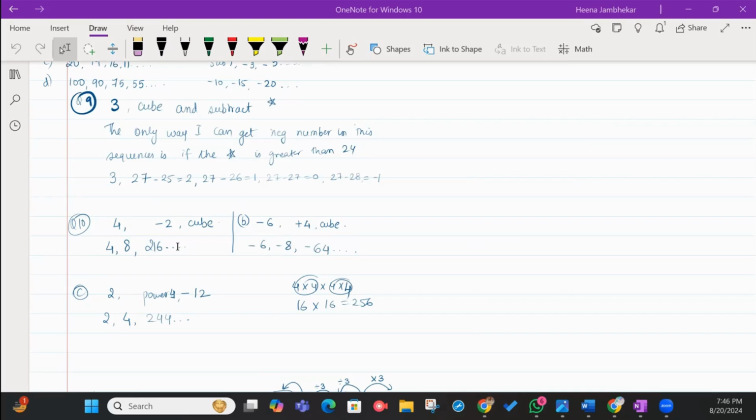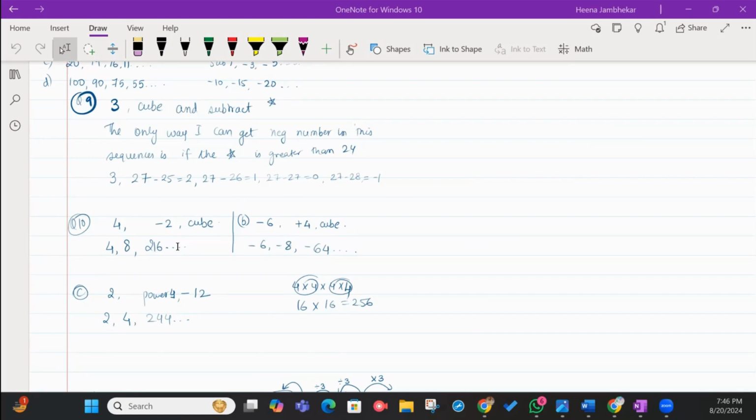Subtract 2. How much do you get on subtracting 2? You find 3 terms, not 2. Subtract 2 and cube. What's the last term?